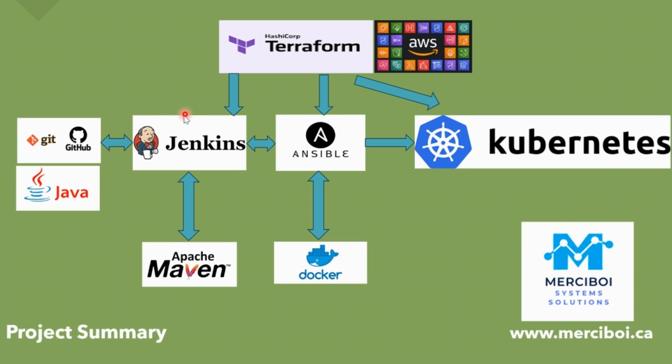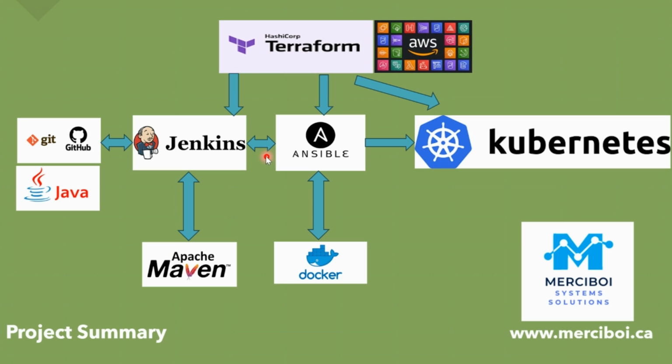When the source code is pulled into Jenkins, it runs the Maven build to produce an artifact. The artifact will be published over SSH into our Ansible server.